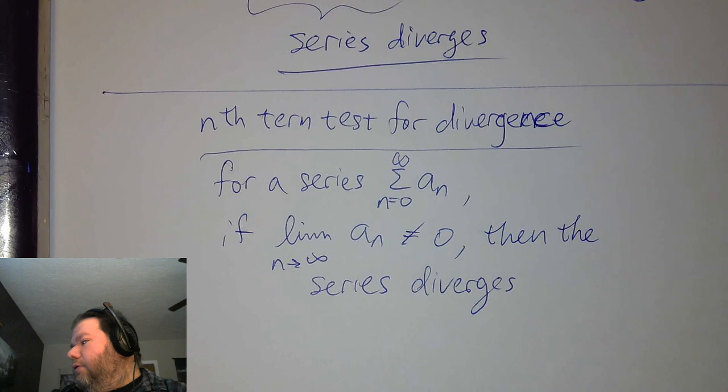Now, in this case, we can only prove divergence using this Nth Term Test. That's why we call it the Nth Term Test for divergence specifically.